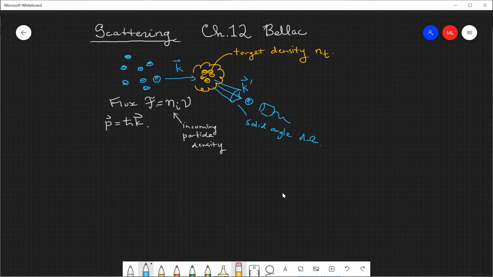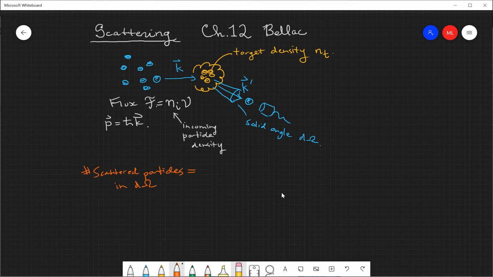So what happens? We can estimate the number of scattered particles in this region in d omega.